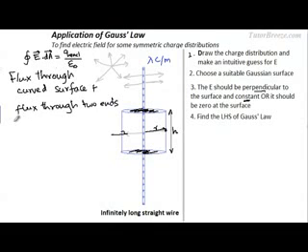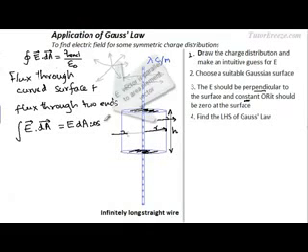Now if we solve for the flux through the curved surface, that will be integral E dot dA, and since the electric field and the Gaussian surface are perpendicular to each other, this will be E dA, and that will be cos 0.